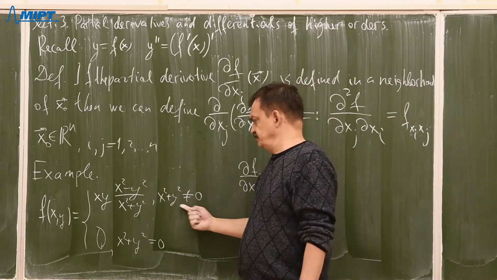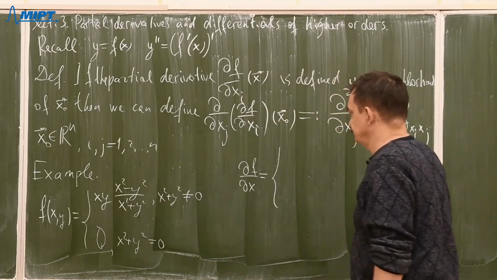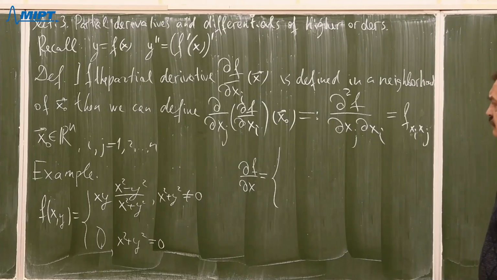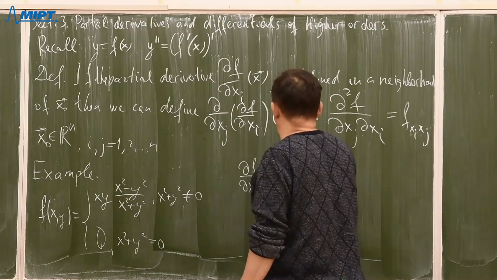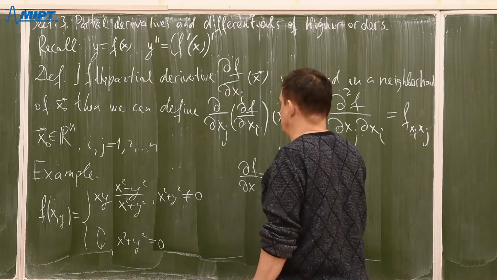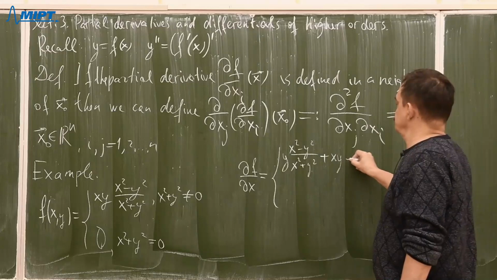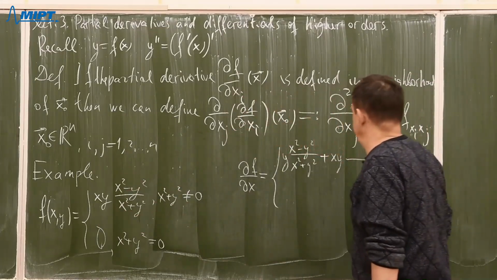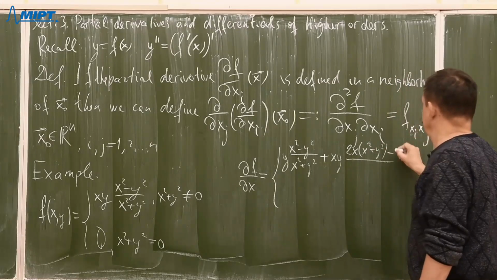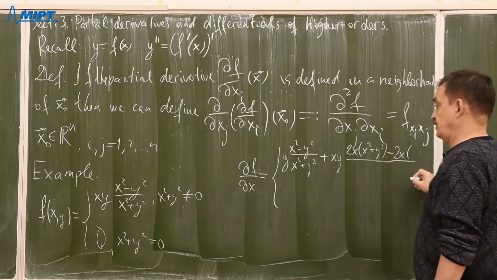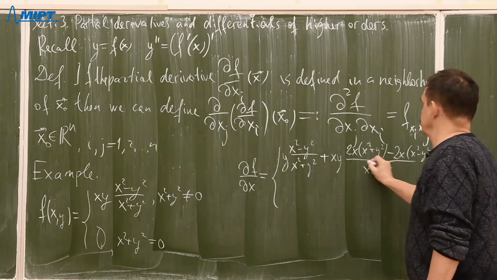If we are not at the origin, then the derivative can be defined directly. So we differentiate with respect to x. It means y times (x squared minus y squared) over (x squared plus y squared) plus xy times the derivative of the ratio, that is 2x times (x squared plus y squared) minus 2x times (x squared minus y squared), over (x squared plus y squared) squared.